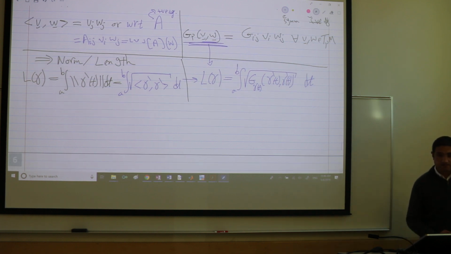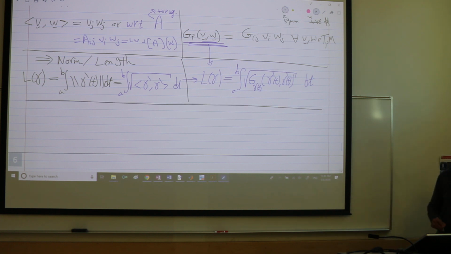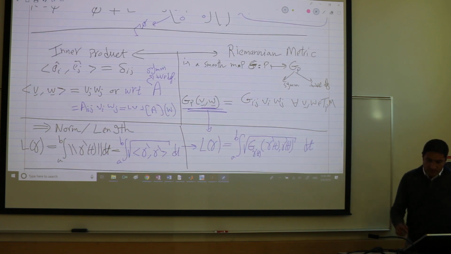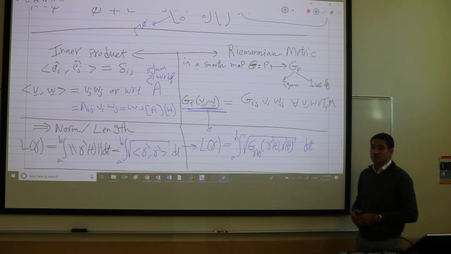Any question? Professor, is this map bijective? Which map? The metric? The matrix takes two vectors and gives you a real number. No, I mean bijective with respect to the point, for example. So the map takes a point and gives a matrix, a symmetric matrix.